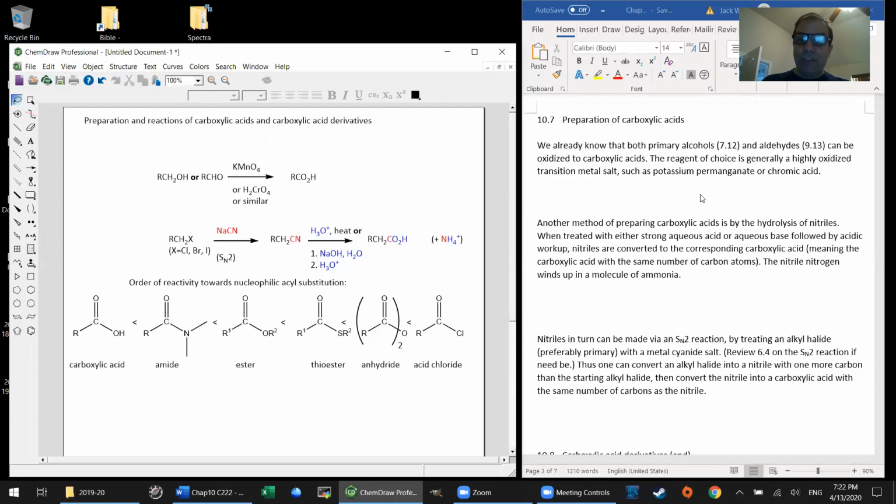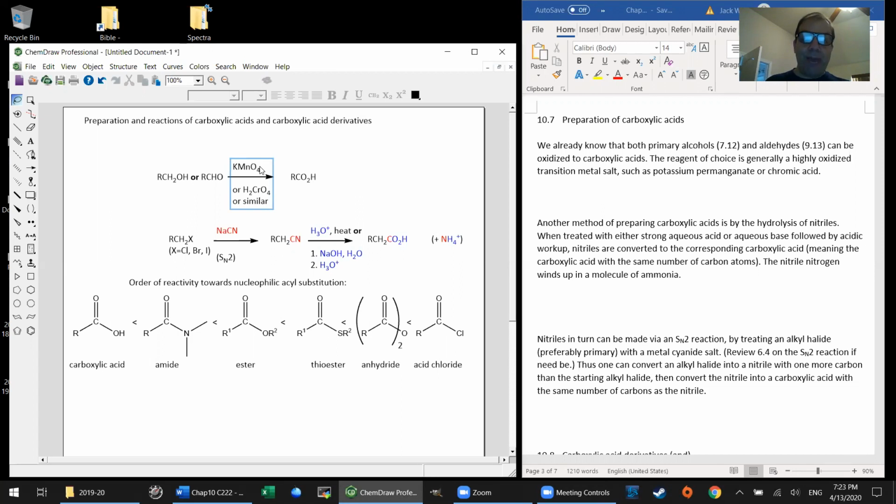We already know some of them. In part A of 10.7, we're reminded that you can take either a primary alcohol or an aldehyde and treat it with some very strong oxidizing agent, generally involving a very high valent transition metal, though there's also some silver salts that will do this for us as well.